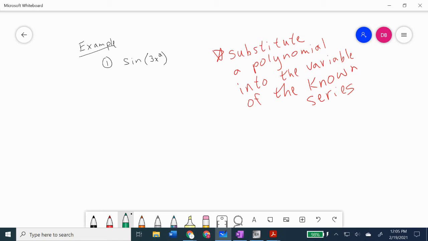And what I'm going to do as I go through the examples is I'm going to first write out the function, the first few terms, and the sigma notation. Because you'll see the manipulation better if you first look at the first terms.